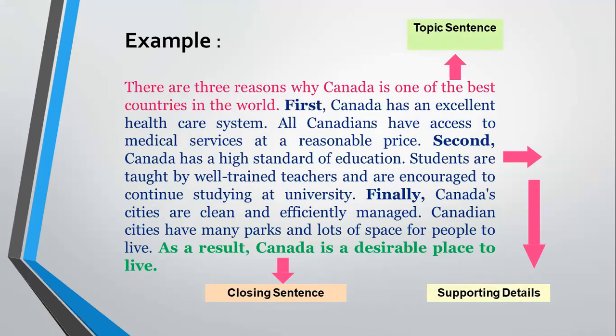The supporting details here are 3. The first one, that Canada has an excellent healthcare system and all Canadians have access to medical service at reasonable prices. So I said that it has an excellent health care system and some support for this idea, the reasonable price. The second supporting idea is the standard of education. And after that, I explain why it has a high standard of education, because students are taught by well-trained teachers and are encouraged to continue studying at university.